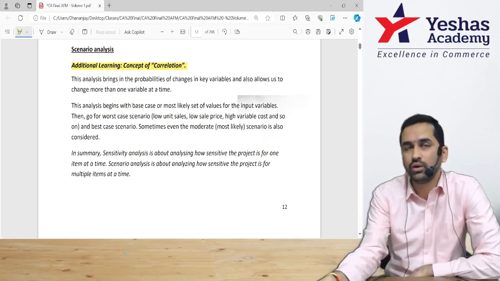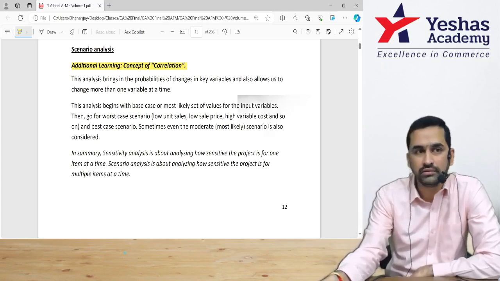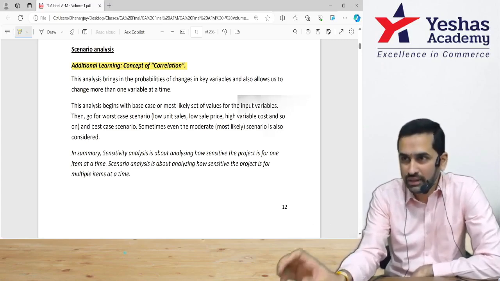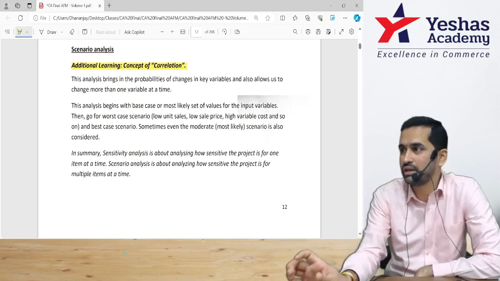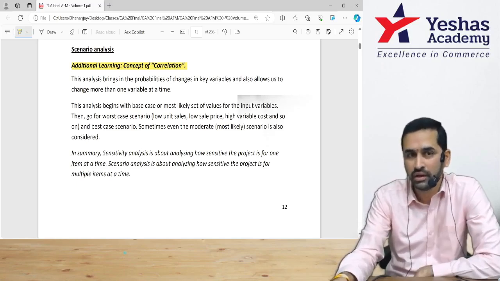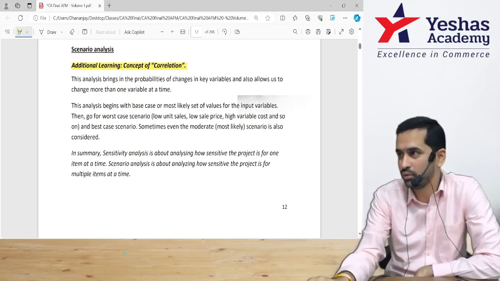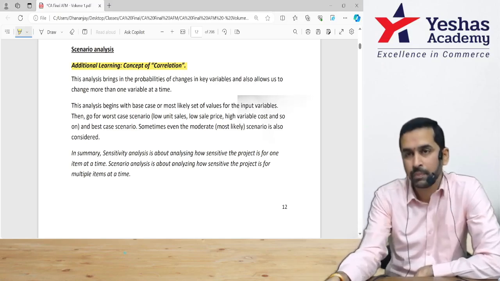How many of you can recall during lockdown, March 2020, Nifty fell down drastically. And same month, March, April, May of that year, if you check, gold prices was at all-time high. I'll send a small screenshot of both the charts today after the class.